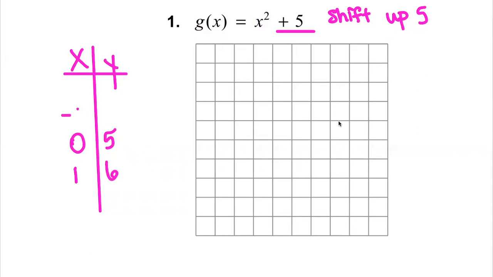We should see some symmetry here. If we plug negative 1 into x squared plus 5, we should get 6. If we plug 2 into x squared plus 5, we're going to get 9. And if we plug negative 2 into x squared plus 5, we're going to get 9.